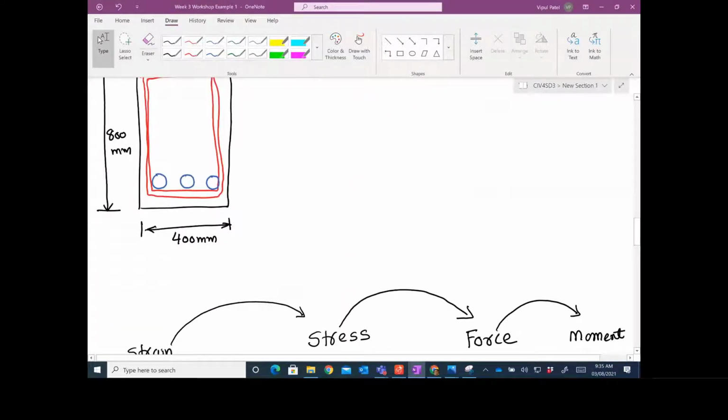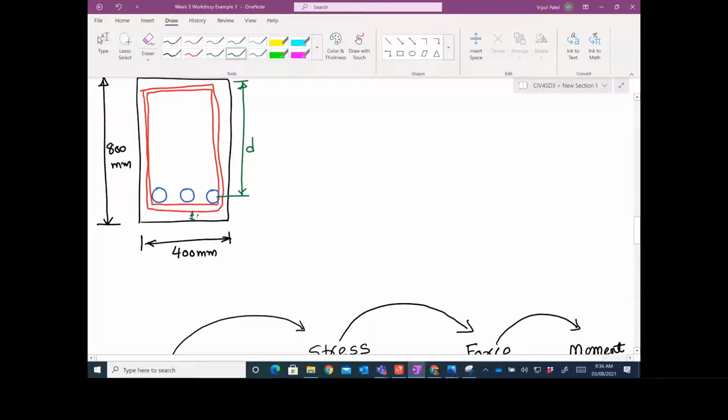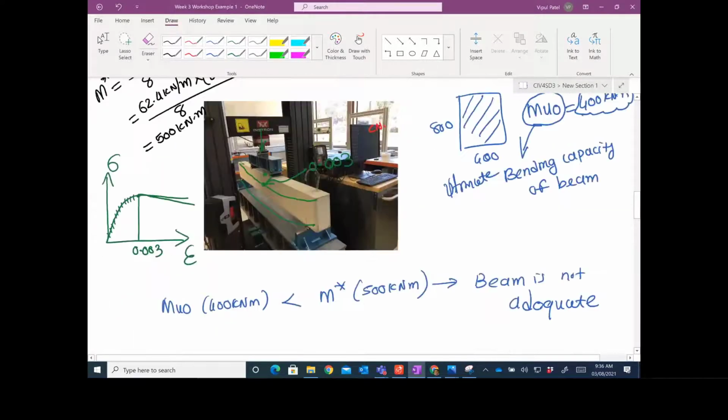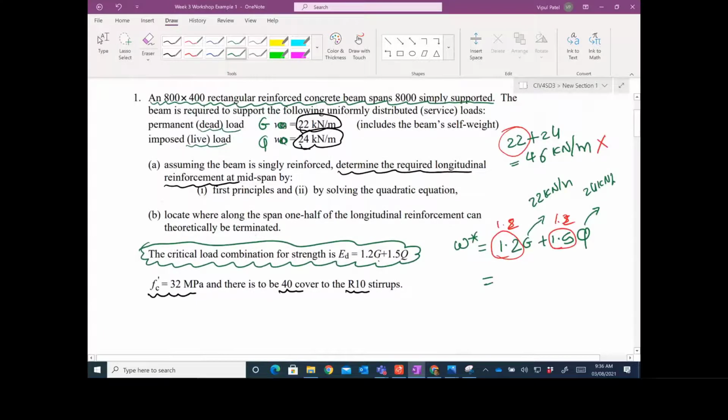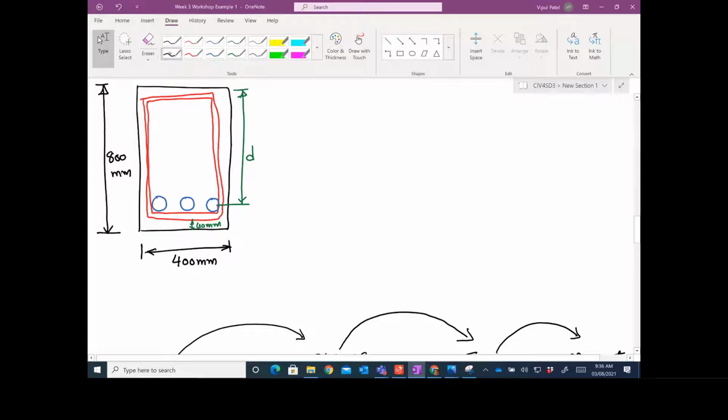Now, yesterday I told you that we need to find this small d. We always need to find small d. To find small d, by the way, this cover is 40 millimeters, given in our example, then N24 and the stirrup. So small d equals 800 millimeters, which is capital D, take away the cover 40 millimeters, take away the stirrup 10 millimeters, take away 24 divided by 2.